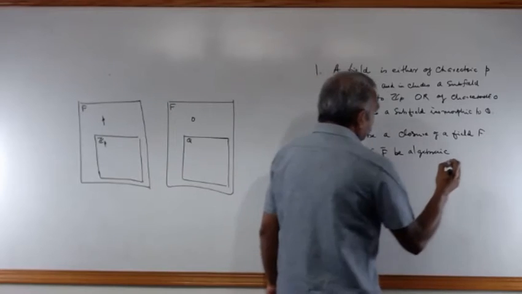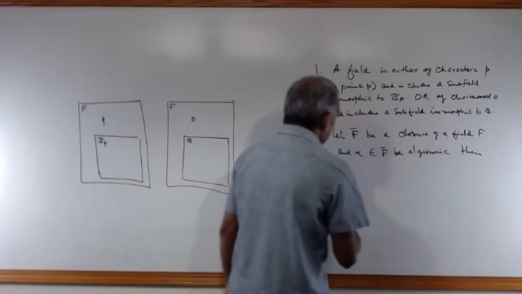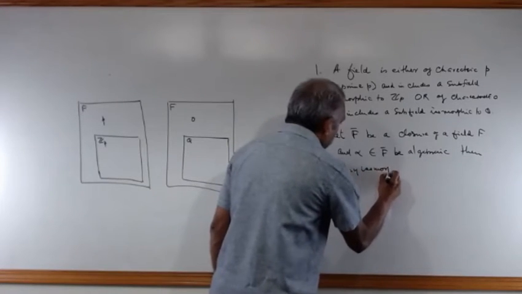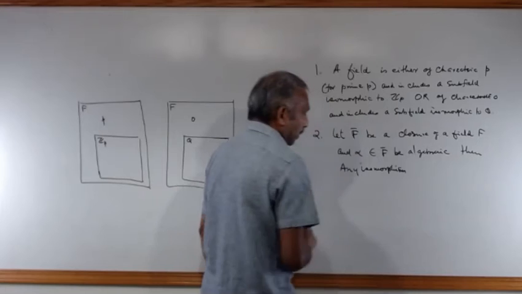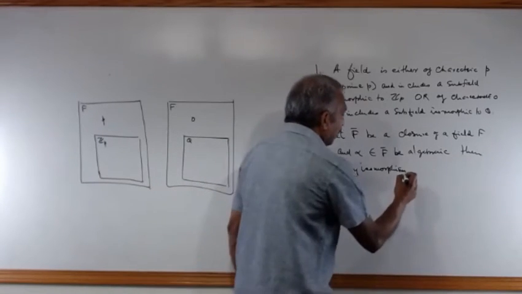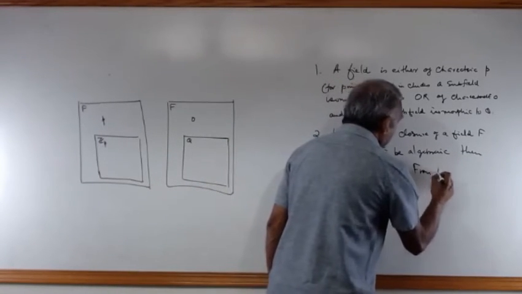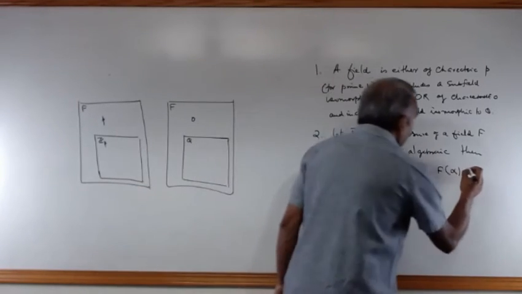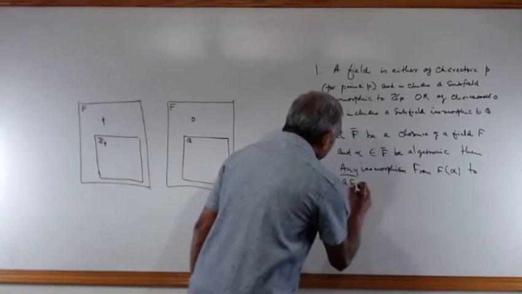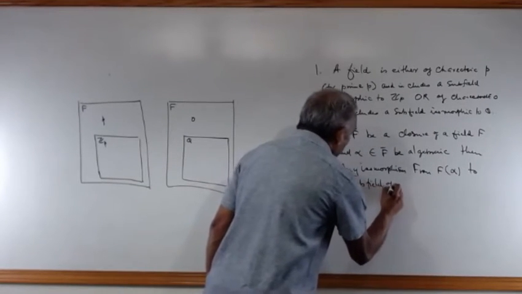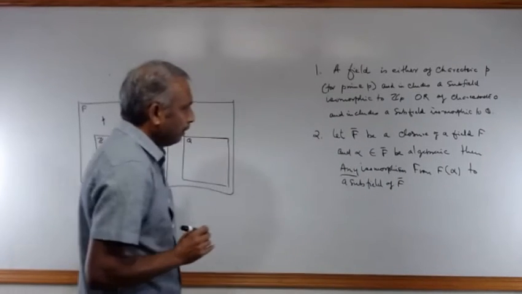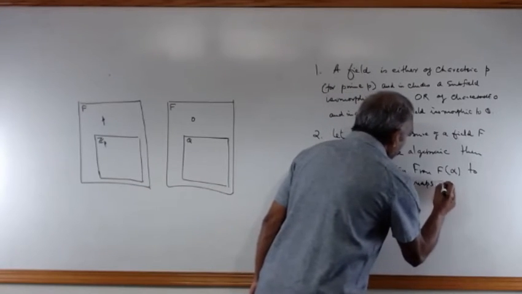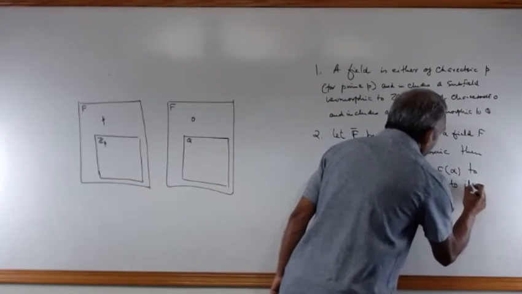Then any isomorphism from the simple extension F(alpha) to a subfield of F bar maps alpha to its conjugate.